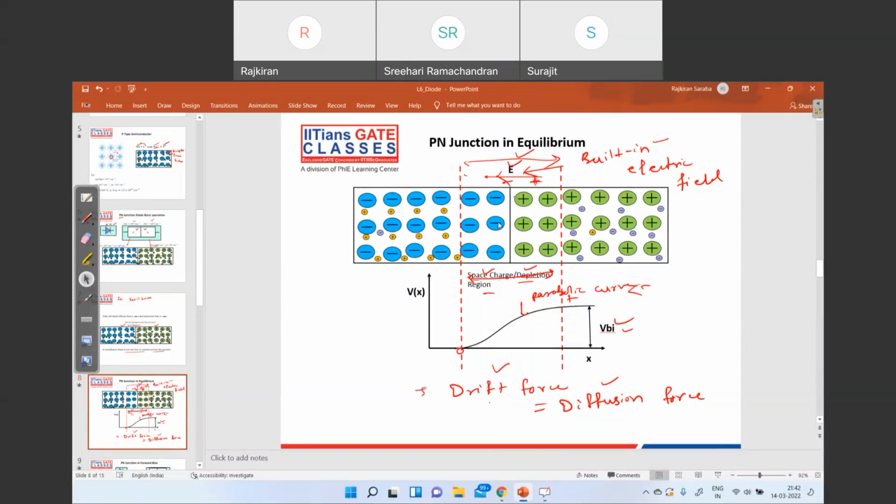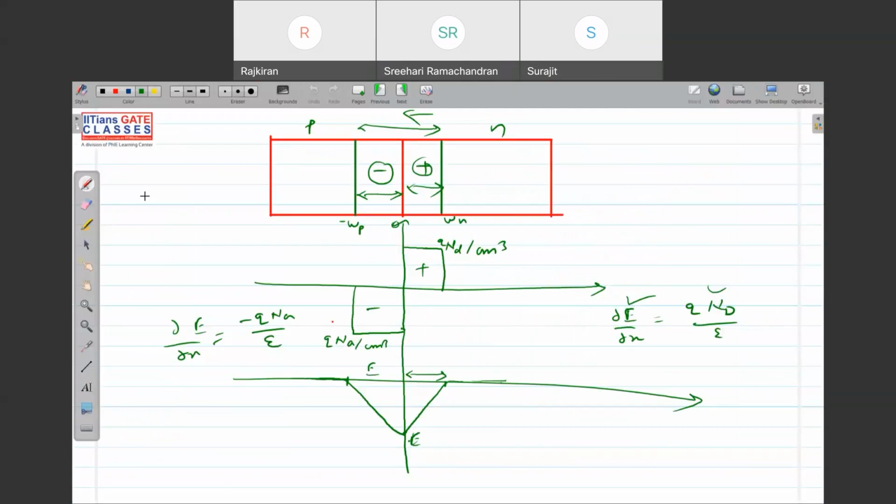It starts from the positive charge and ends on the negative charge, right? So the total number of positive charges in this volume will be equal to the total number of negative charges in this volume. Clear?